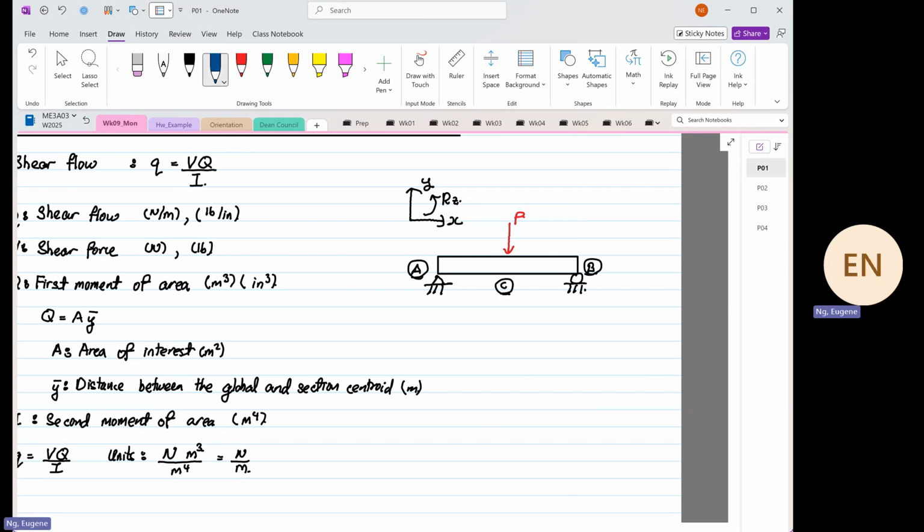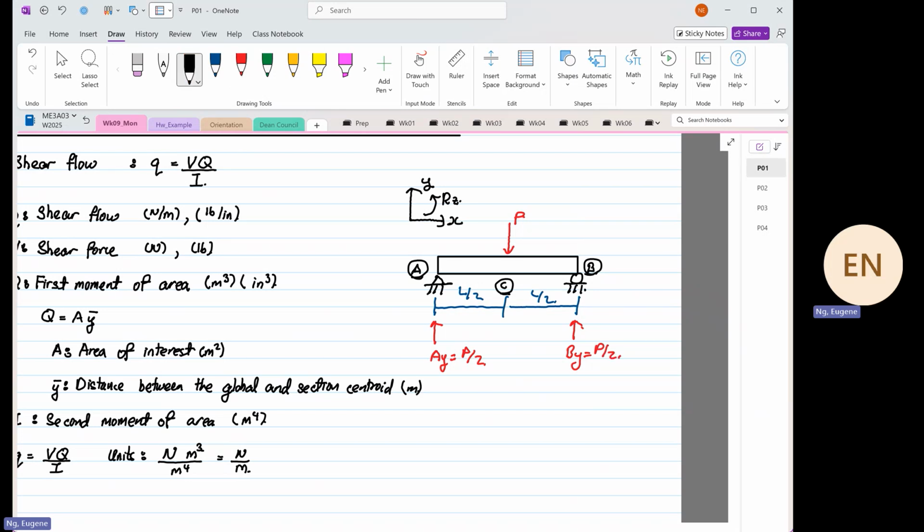And the distance from here to here is our L/2. And from here, we realize that we have reaction forces. So our Ay is equal to P/2, and our By is also P/2. Okay?